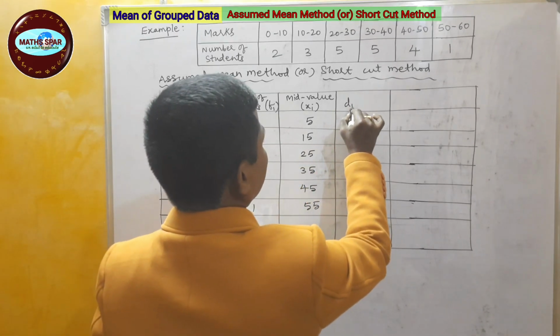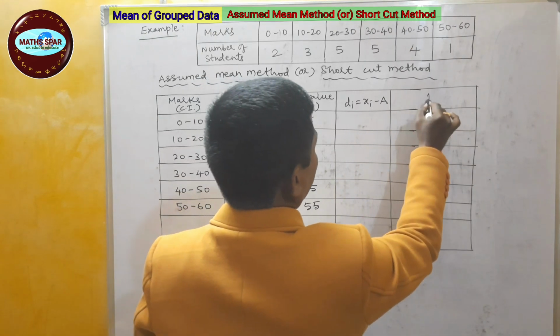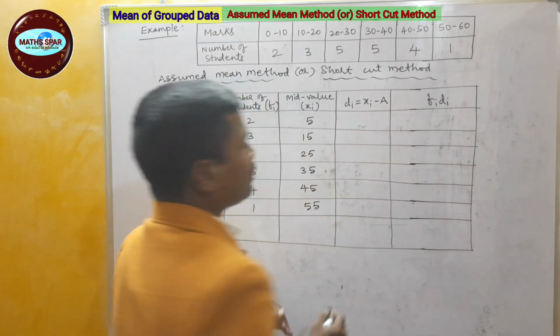Then we will write di is equal to xi minus a, then fi di.